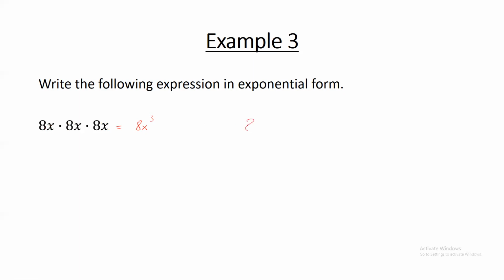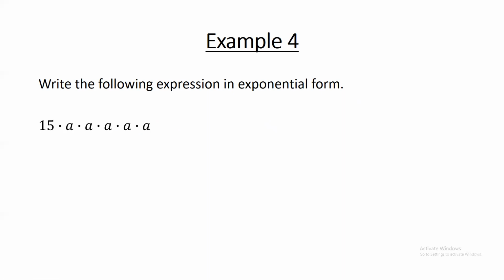I'm going to write it out in detail, right? Because multiplication comes after exponents in the order of operations, 8 is not involved in the exponentiation, right? You multiply x by itself and then you use the 8. You need to put 8x in parentheses to make sure that the whole quantity 8x is raised to the third power.